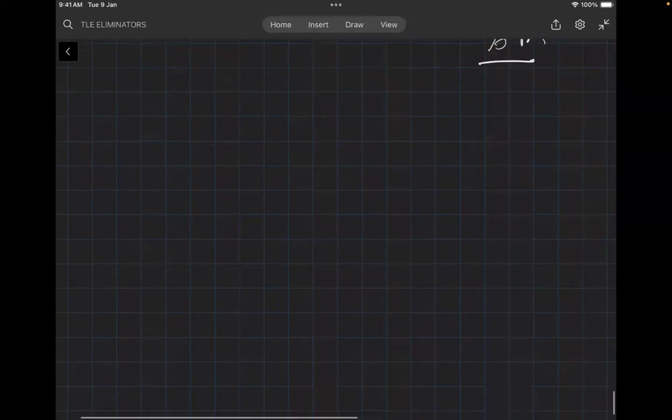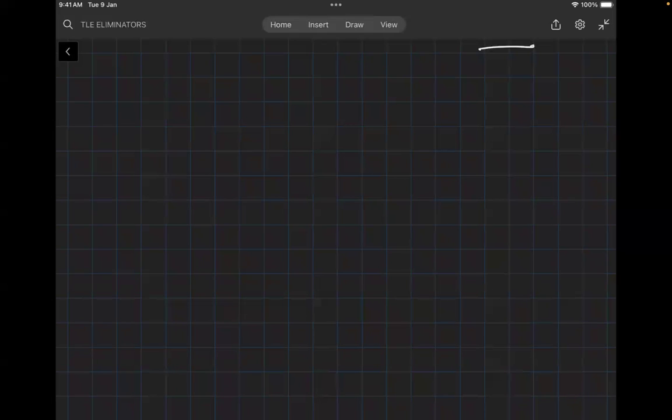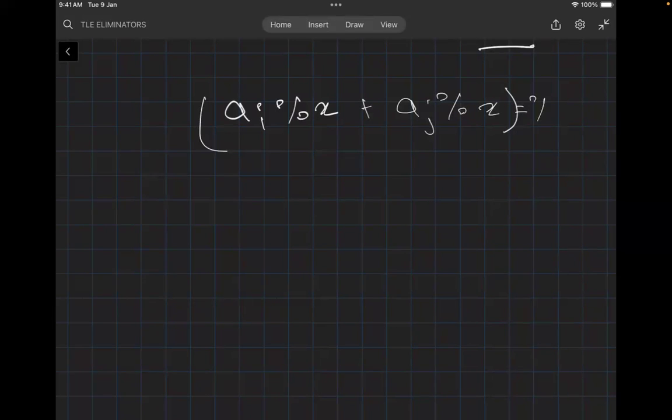Now, what we basically have to do is AI mod X plus AJ mod X, the whole mod X, is equal to 0.